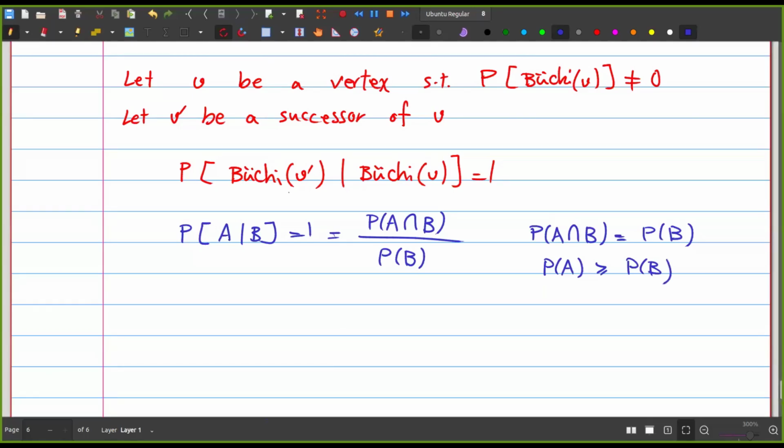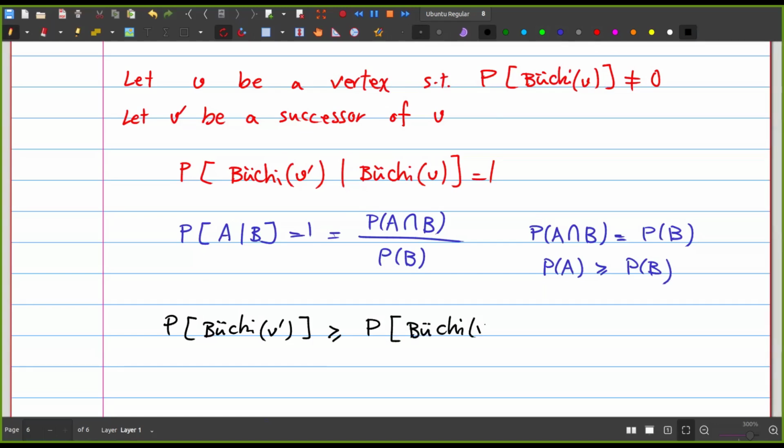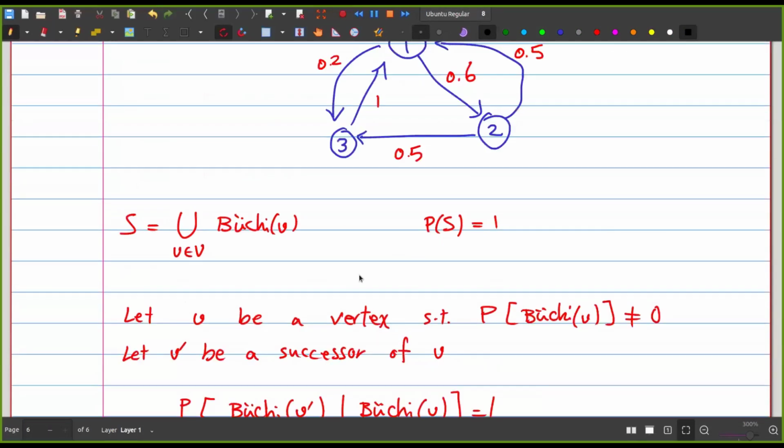Okay, so what I have here is that if I have a vertex V, and if I have another vertex V prime that is a successor of V, then the probability of Büchi of V prime is greater than or equal to the probability of Büchi of V. Okay, but here's the thing.